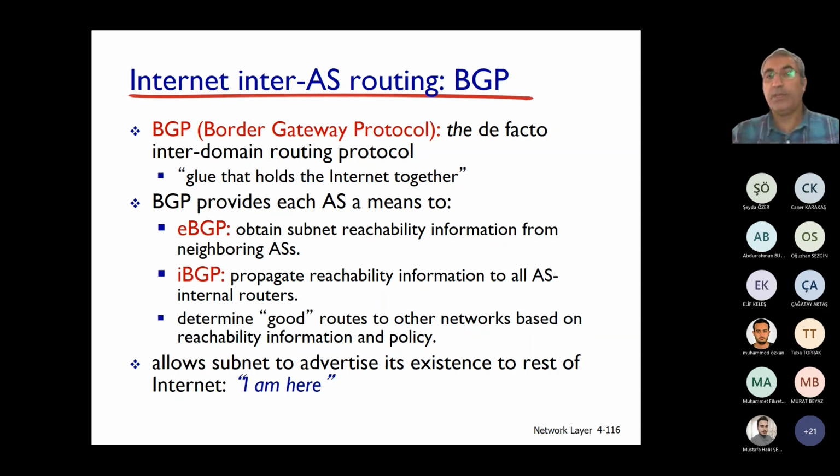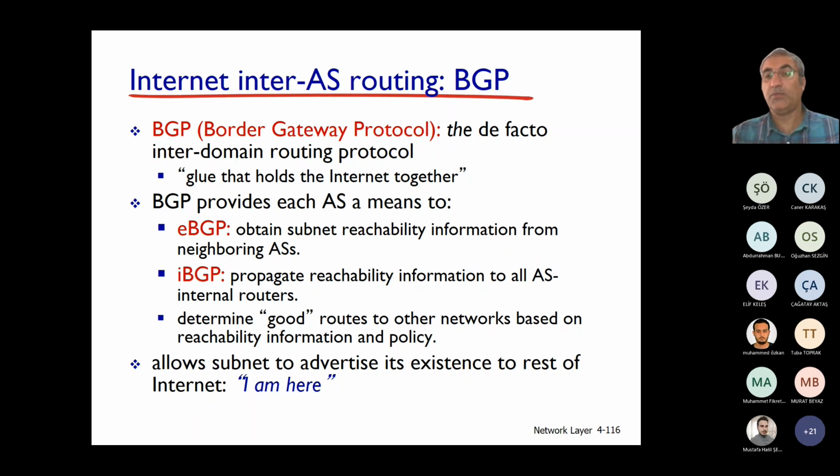There are two types of BGP. eBGP, external BGP, is responsible for obtaining subnet reachability information from neighboring ASes. iBGP is the internal BGP.